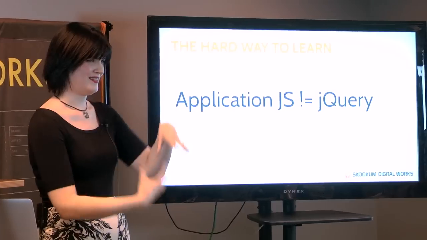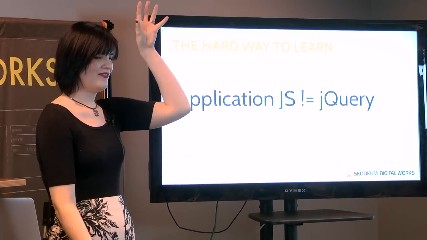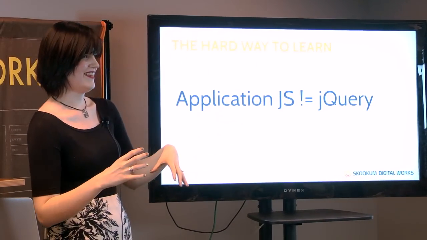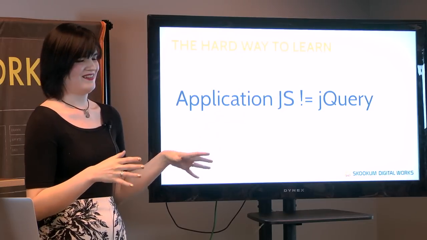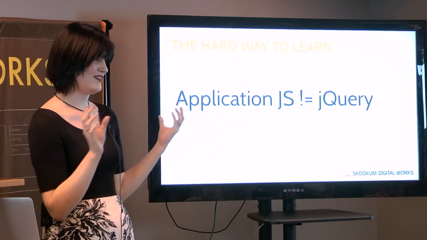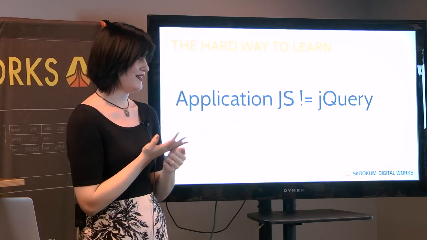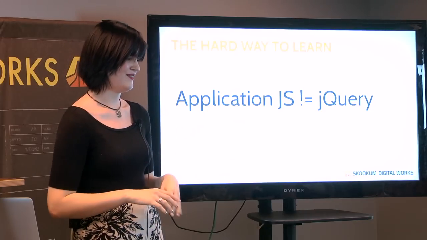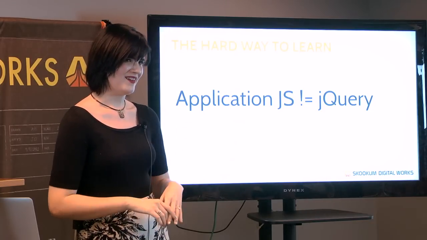I hand-coded this massive HTML file, and I had all my Knockout templates hard-coded in there. And I didn't know how to do routing or anything, so none of my states had URLs. So the back button didn't work, and you couldn't share links with anybody, and it was just kind of a mess, but that's how you learn.